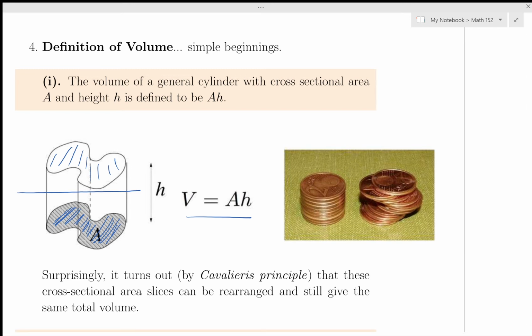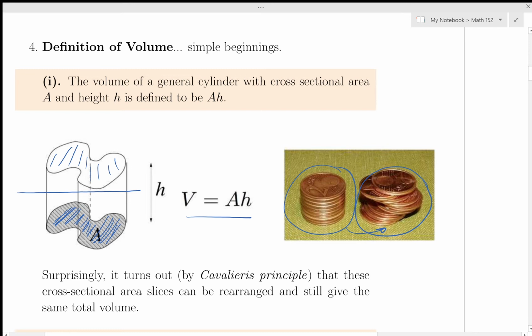And one way to say this, if you take a look here at this nice little organized stack of coins, the volume of those coins is unchanged if I move it like this. So the shape could look quite a little bit different in this version over here, but that's actually the same volume.